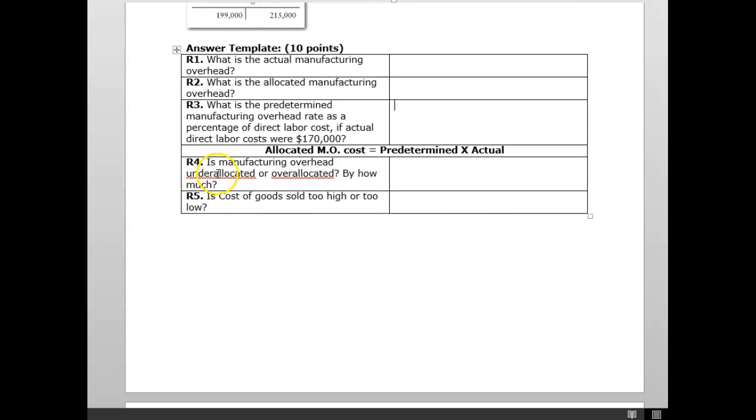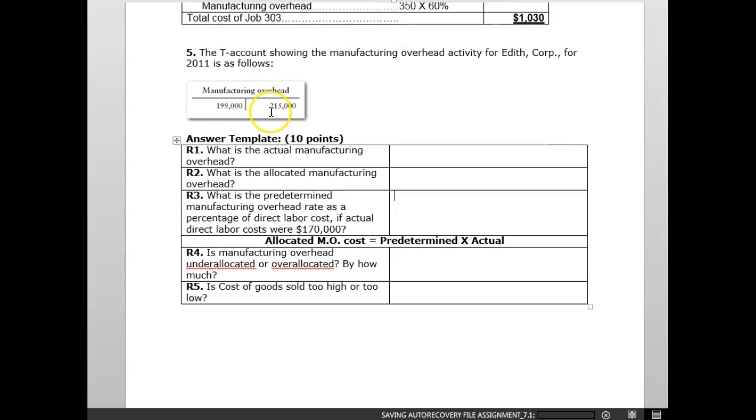Number 4. It says, is the manufacturing overhead underallocated or overallocated, and by how much? Well, what do you think? We actually used 199 and we applied 215, so that's probably overallocated by 16,000.